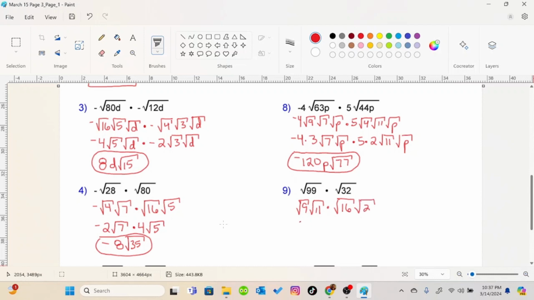The square root of 9 is 3, and the square root of 16 is 4. 3 times 4 is 12, and square root of 11 times square root of 2 is square root of 22. So our final answer is 12 square root of 22.